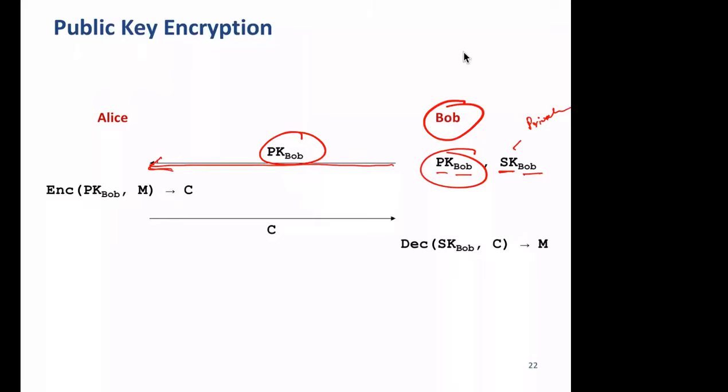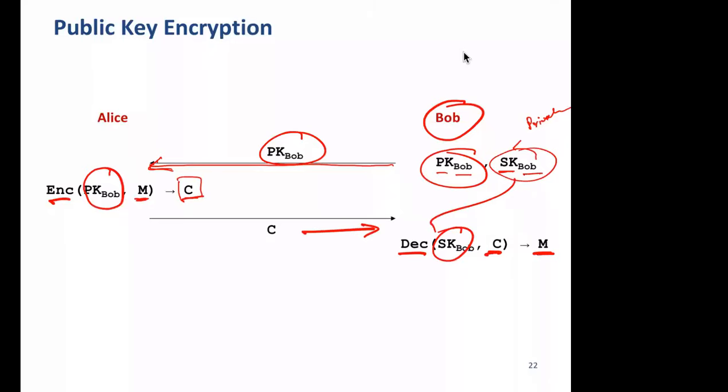Alice wants to send a message M, and she will use Bob's public key to encrypt, and the ciphertext is C. She sends the ciphertext to Bob. Bob will decrypt it using his private key and get the message M.